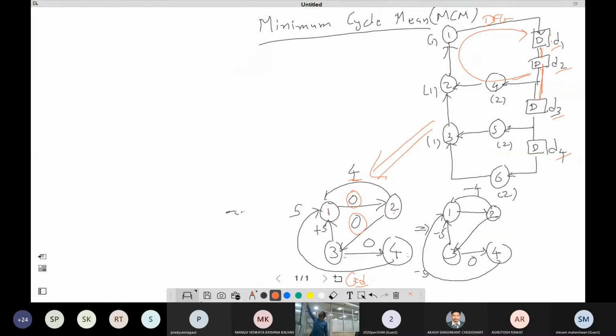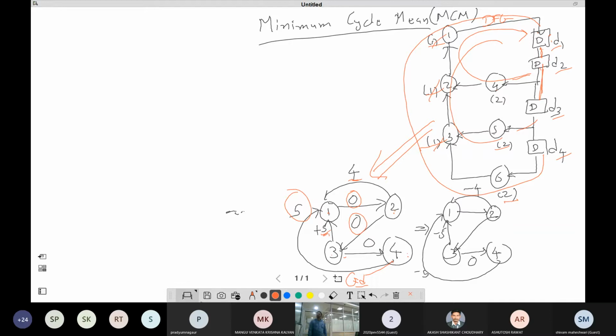Now when I go from 4 to 1, so that means this way 4 to 1 I can reach. So there is an edge identified. Now for that, 2 plus 1 plus 1 plus 1, so that is 5. Similarly 3 to 1, 3 to 1 is possible this way. So that is 2, 1, 1, 1. So that is 5.